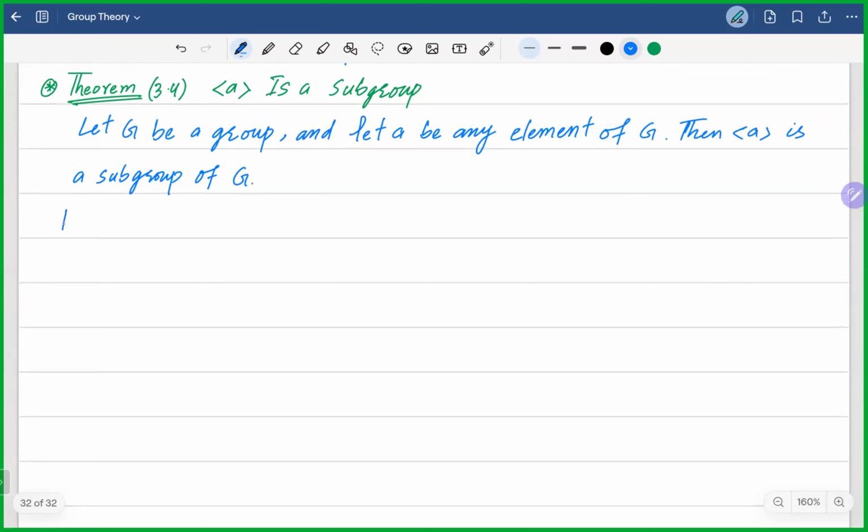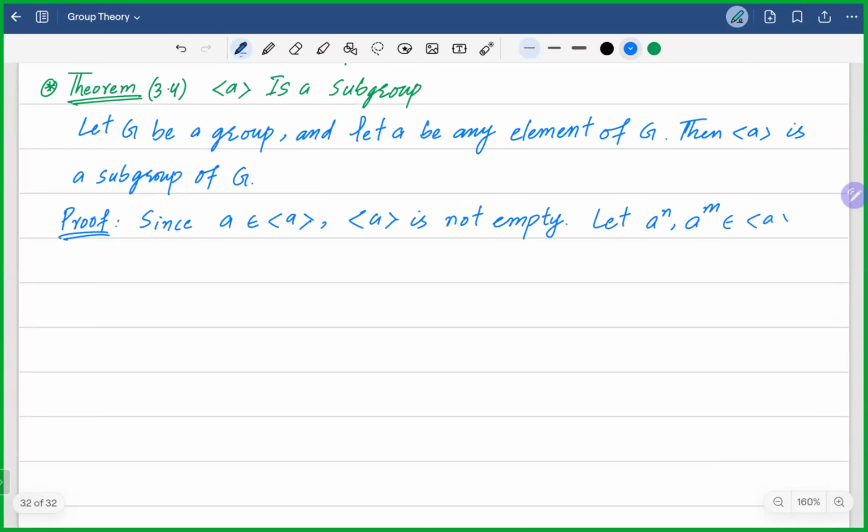And the proof of this is that since a is contained in the set generated by a, the set is non-empty. Now let a power n, a power m be in the set generated by a.